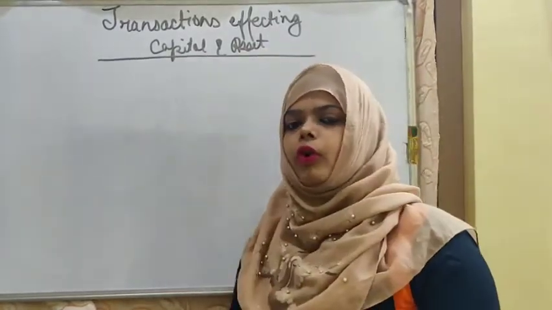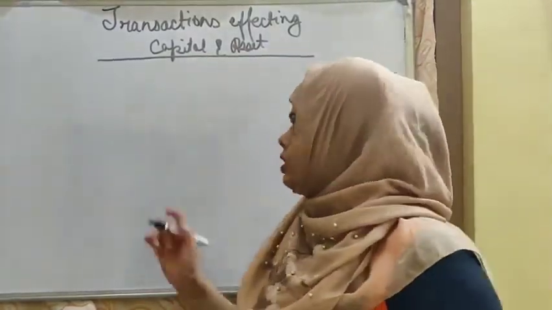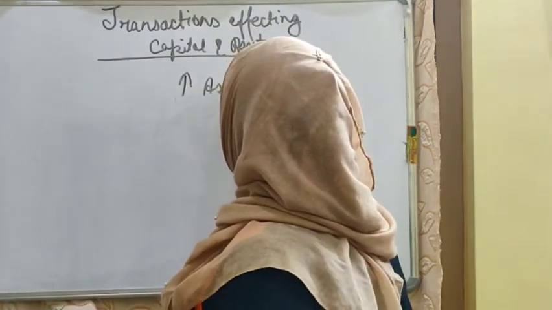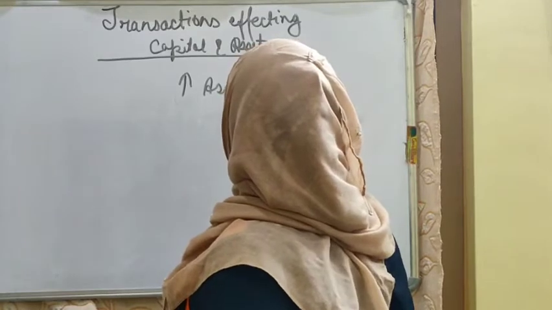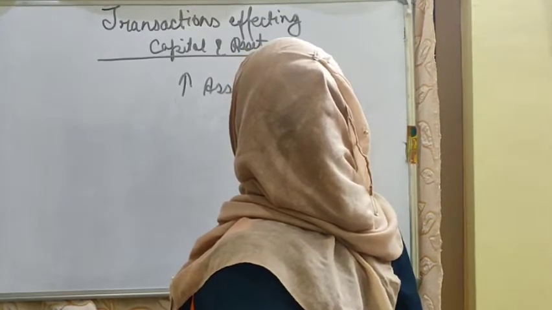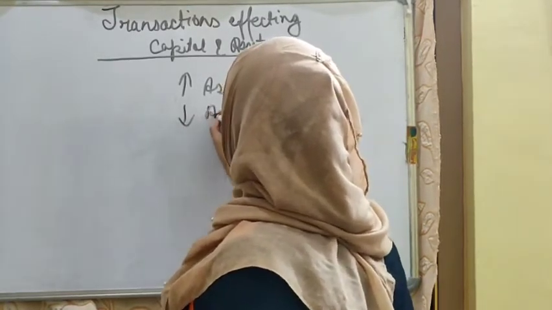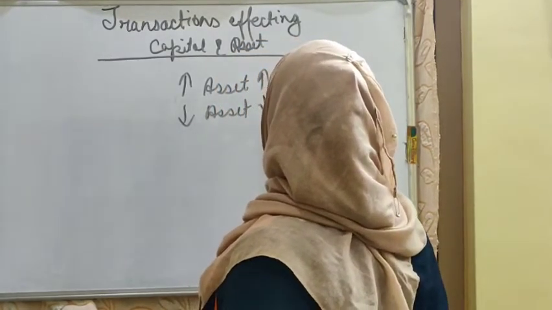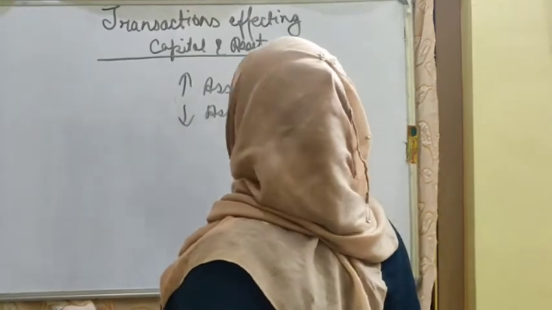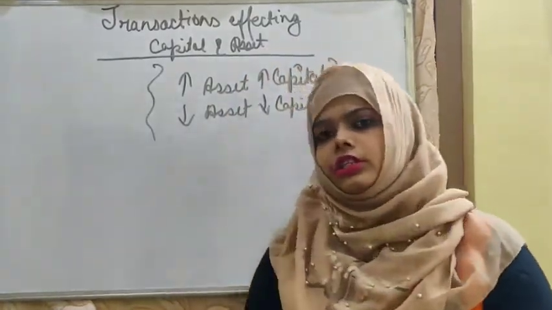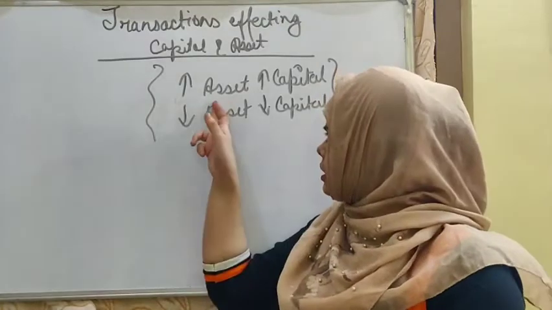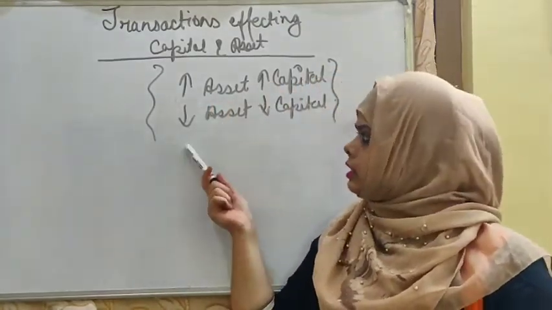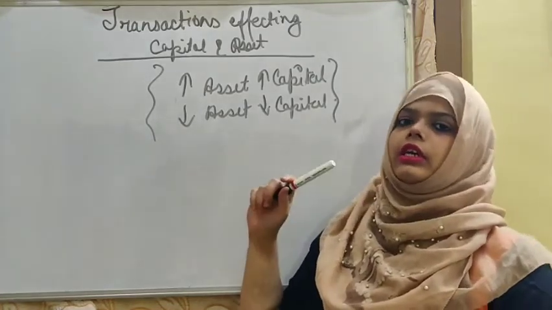Here we follow the same procedure: increase in asset, increase in capital, decrease in asset, decrease in capital. We have the same condition in this transaction also. If there is an increase in asset, there is an increase in capital. If there is a decrease in asset, there will be a decrease in capital.